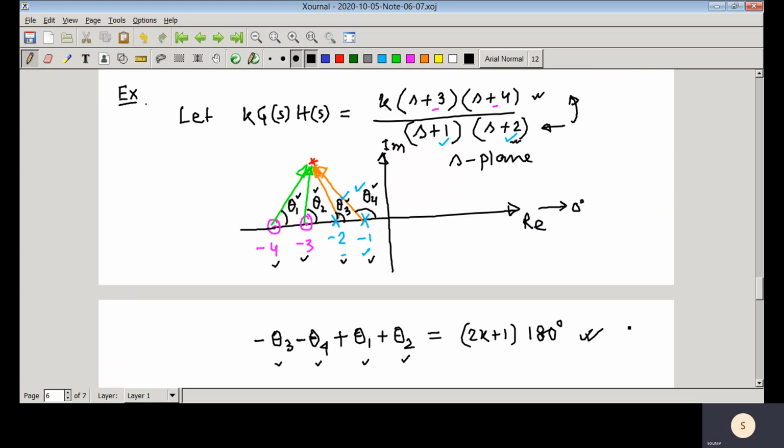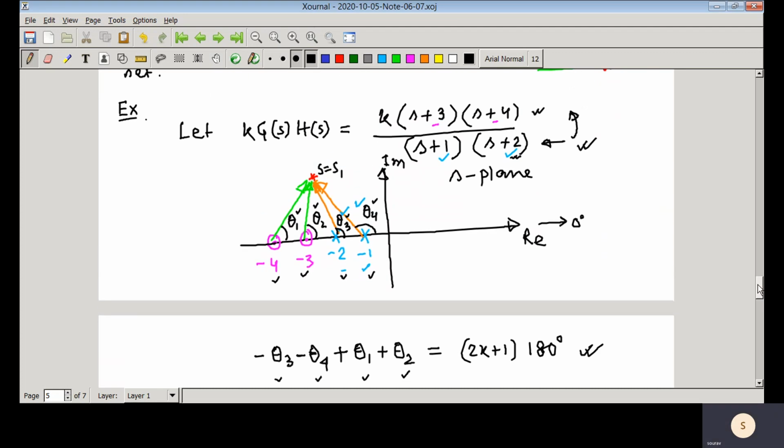If this condition is satisfied, then we say that this point, S equal to S1, satisfies the characteristic equation for this open loop transfer function.